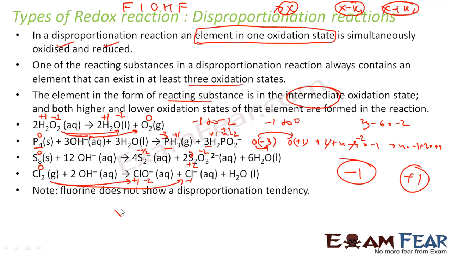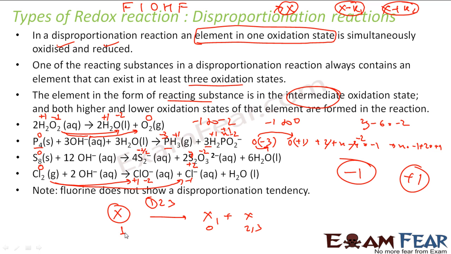Correct? For example, a substance X has oxidation states of 1, 2 and 3 only. Now if this is 1, it can't reduce, it can't become 0, because for reduction it has to become 0. It can oxidize, but it can't reduce. So the extreme is not helping here, right?